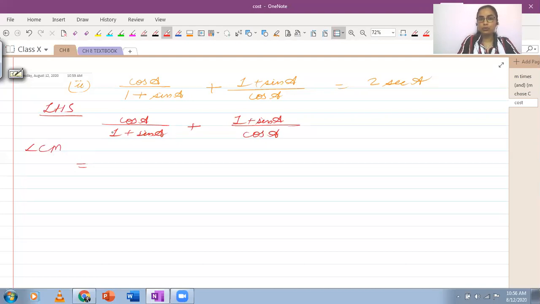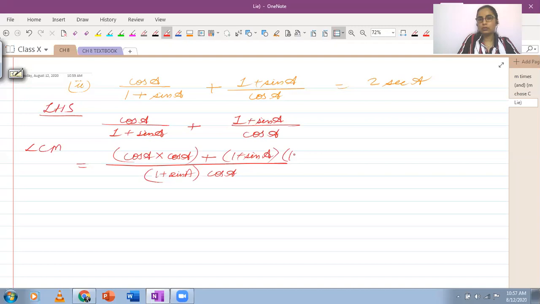I have already told you, you can use your butterfly method. So the denominator will be the product of 1 plus sine A and cos A. In the numerator, you will have cos A multiplied by cos A. This is cross multiplication, plus 1 plus sine A multiplied with 1 plus sine A.